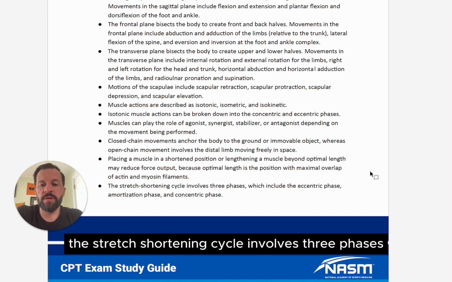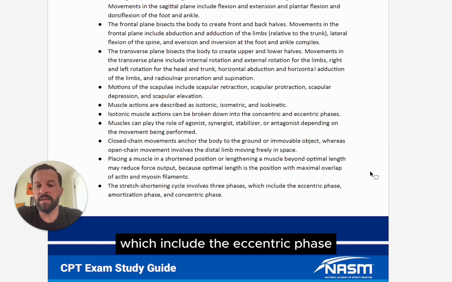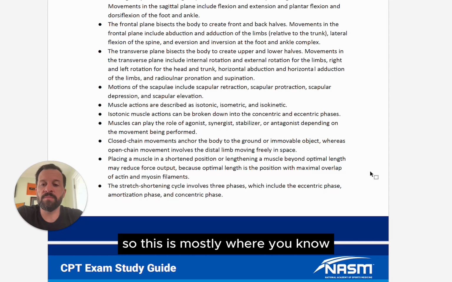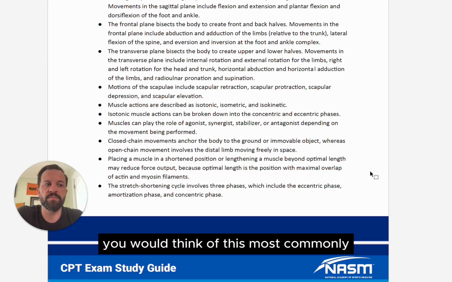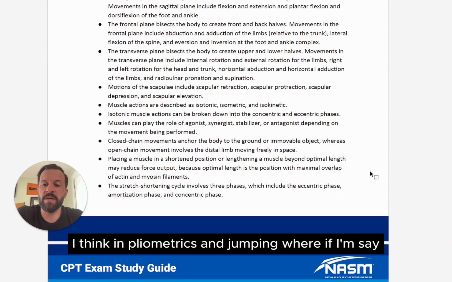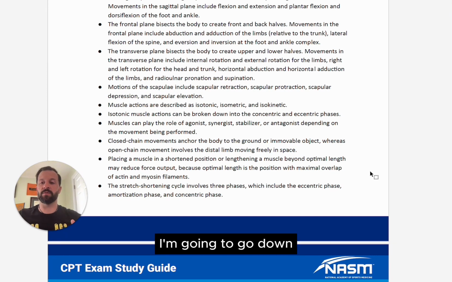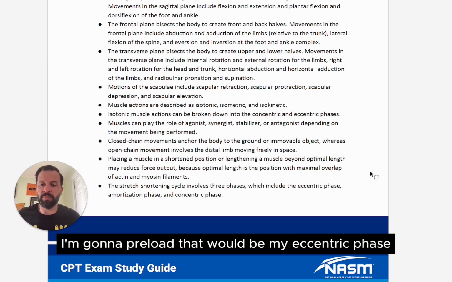The stretch shortening cycle involves 3 phases, which include the eccentric phase, the amortization phase, and the concentric phase. This is where you would most commonly think of it, I think, in plyometrics, in jumping, where say I'm going to do a vertical jump, I'm going to go down, I'm going to preload, that would be my eccentric phase.